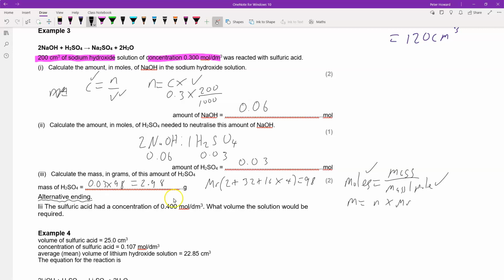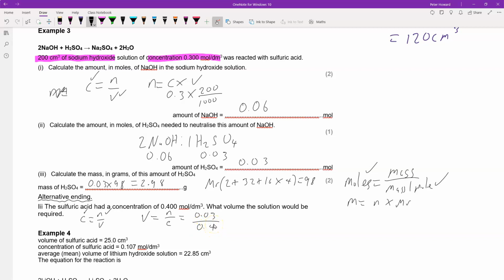I've done an alternative ending just to show that sometimes it could be different. It said sulfuric acid has a concentration of this. What volume of solution would be required? We know concentration is moles over volume. It tells us about the concentration. We just calculated up here the number of moles. So we can say volume is equal to N over C. So 0.03, concentration 0.4.